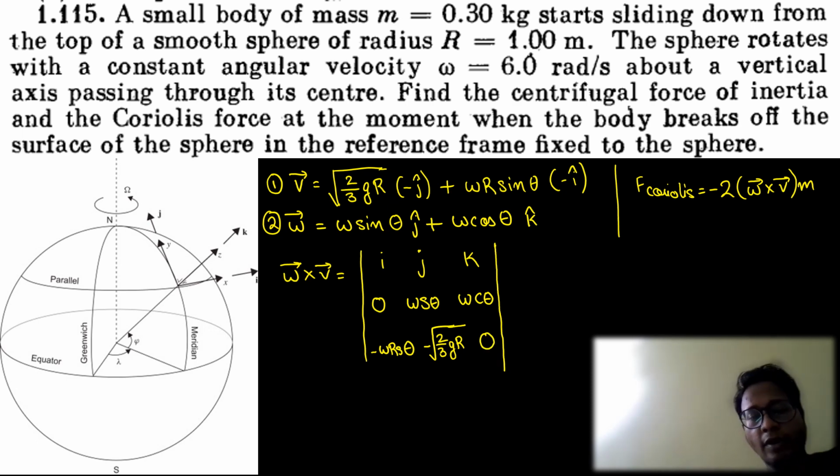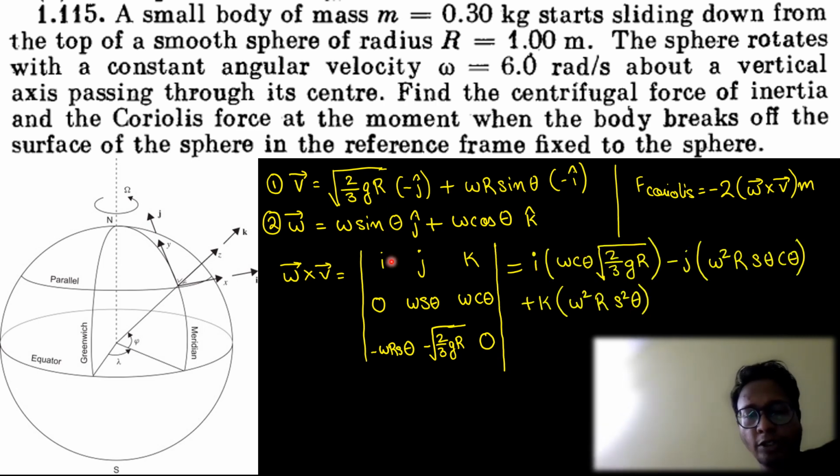So we'll find out the value of omega cross v. I assume you know how determinants work, so I'll just do it out here. When you do the cross product, it is plus i into, cover this i section, cross multiply these two. Omega sine theta into 0 is 0, minus this minus and this minus gets plus 2 by 3 g r into omega cos theta.